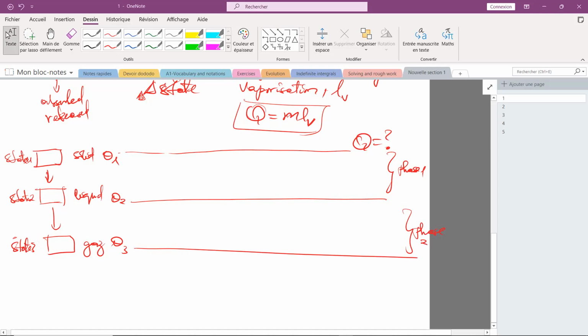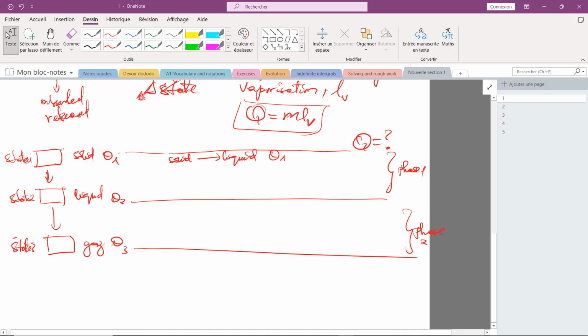Now, what really happens in this first phase? Whenever the substance first leaves from the solid state to the liquid state, for example ice, when ice starts melting, it leaves from the solid state to the liquid state at the same temperature, theta 1.